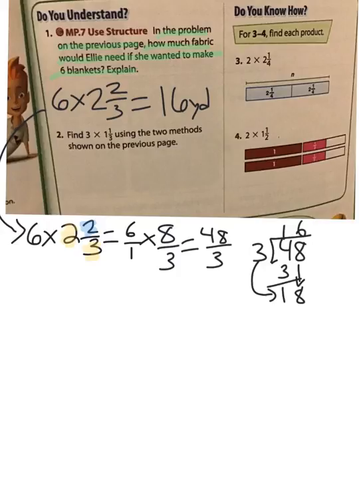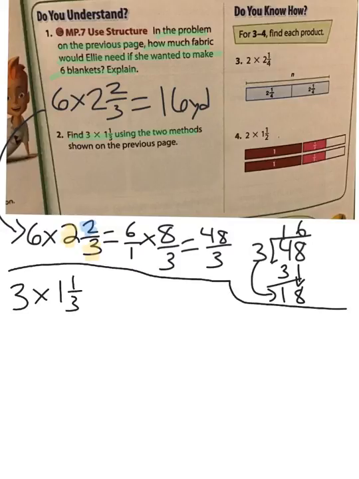All right, number 2. It says, find 3 times 1 1/3 using 2 different methods. So, I have 3 times 1 1/3. First, I'm going to do it the way I just did it because I think that's going to be the easiest way for you. So we're going to change this to 3/1 times, our denominator is the same.